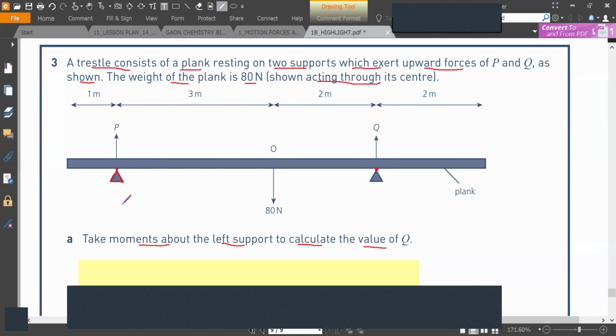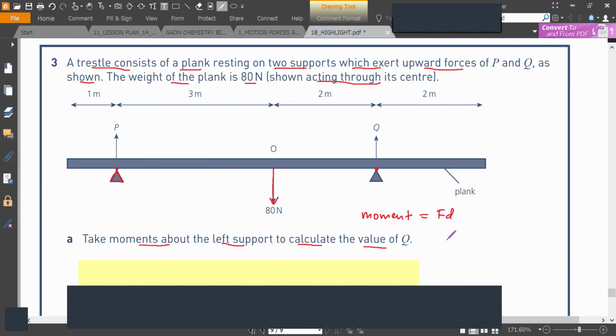Moment about the left support, we have one force here, 80 Newton. So we know that moment equals FD.